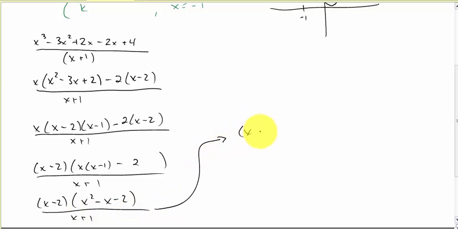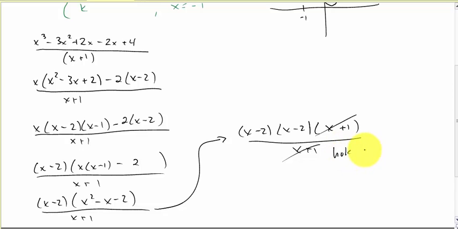And what we now have is x minus 2 times x minus 2, x plus 1 over x plus 1. There's my factor canceling, giving me the hole at x equals negative 1. And this is equivalent to x minus 2 quantity squared.